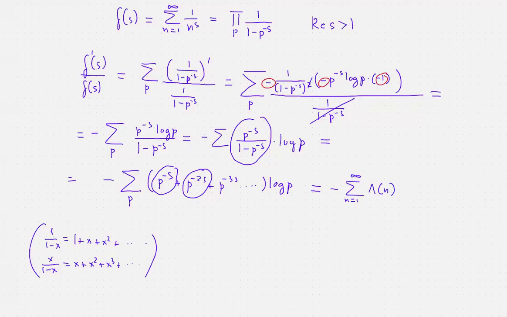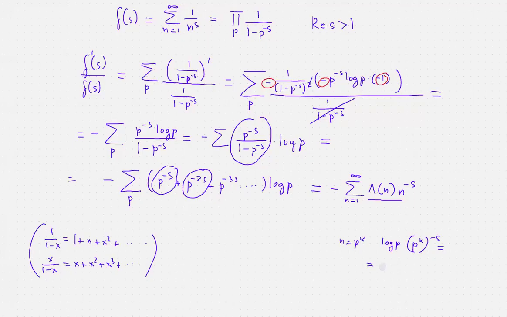Okay, let's think about it. For which n's will this expression be non-trivial? It's if n is a prime power. And if n is a prime power, let's say if n is p to the k, then what do we get here? So we will get the logarithm of p times p to the k all raised to the negative s, which is precisely p to the negative ks times logarithm p.